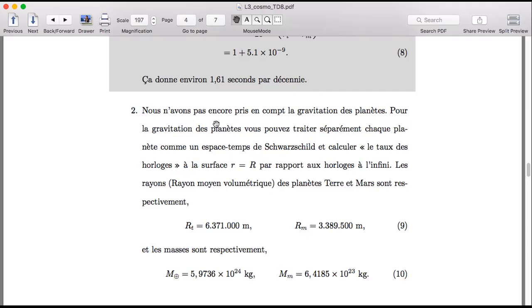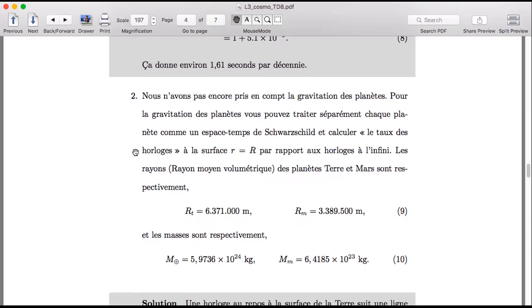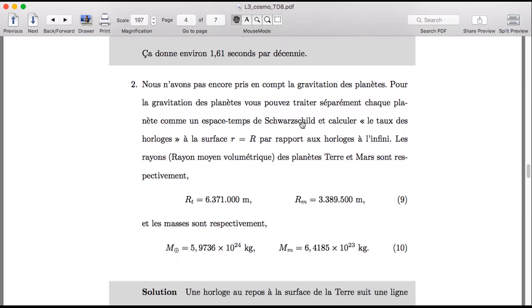At least the gravity, we're still going to ignore the rotation, but let's take gravity into account. Now, this is a little bit tricky. To be honest, I had to think about this one a little bit, because we don't have a single space-time here.